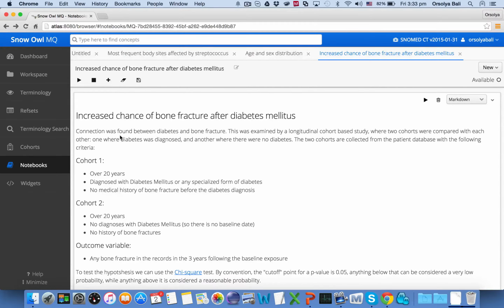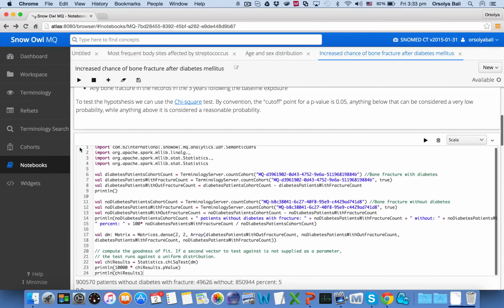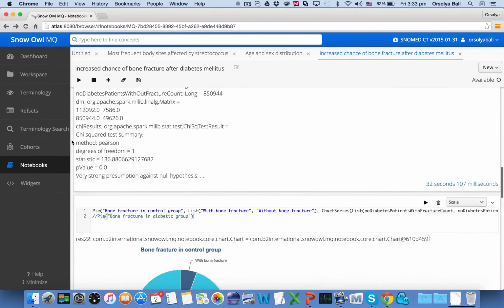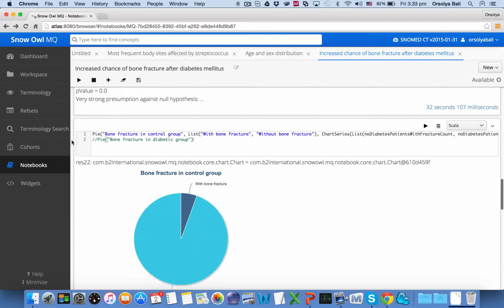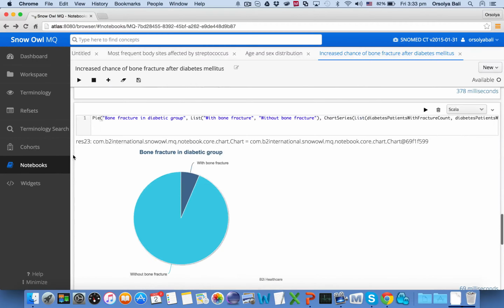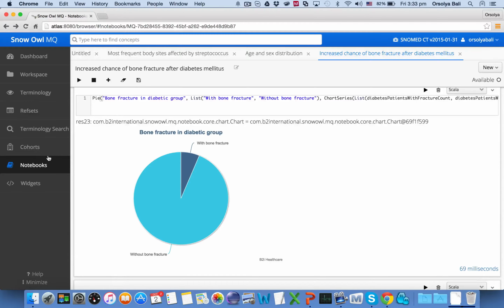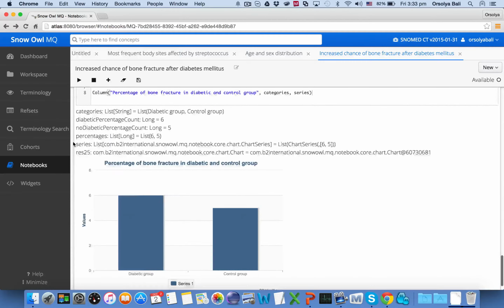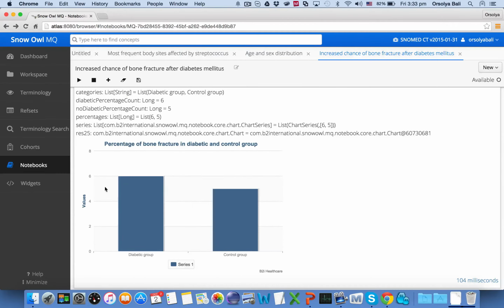And what we're really looking at, after skipping some of these codes that are not relevant for now, is that in the control group, the proportion of bone fracture is 5%, whereas in the diabetic group, the bone fracture is 6%. So we can see that in the diabetic group, it is more likely that the patient has a bone fracture than it is in the control group.